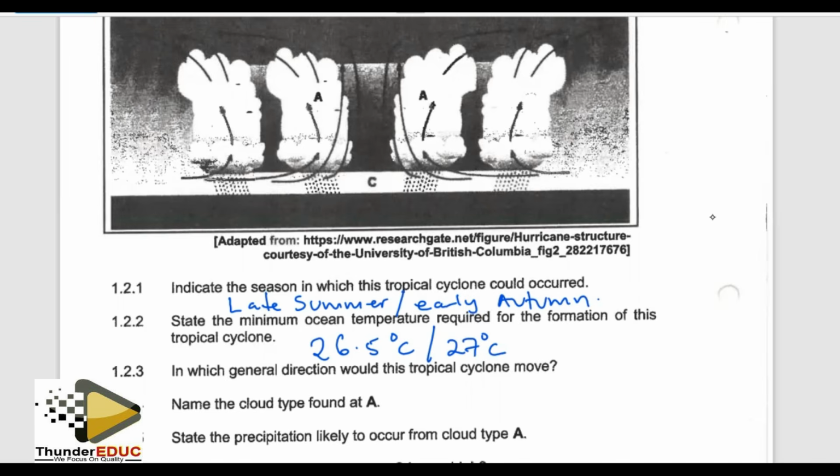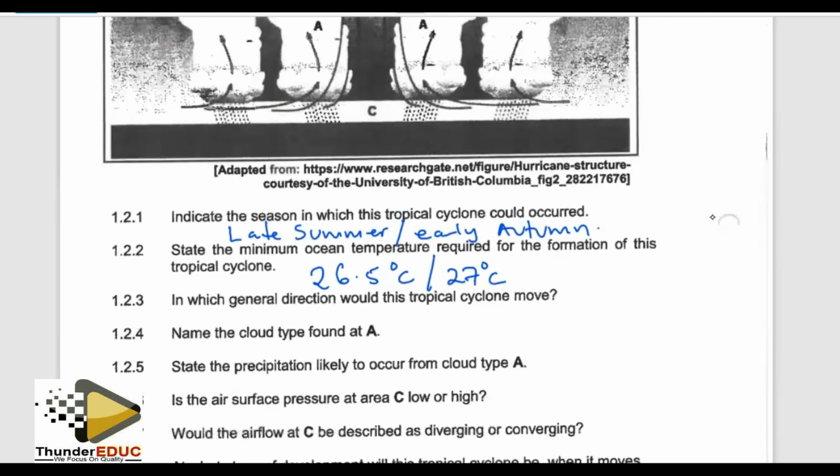1.2.3, in which general direction would this tropical cyclone move? We know cyclones always move from east to west, or we can as well say westerly direction.